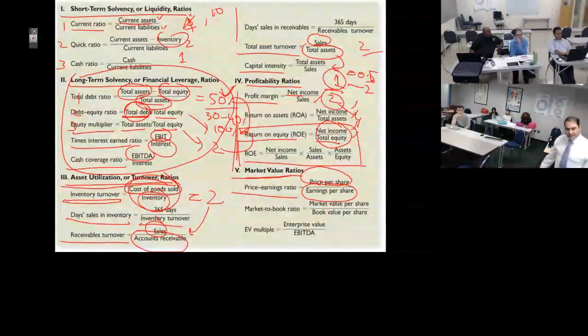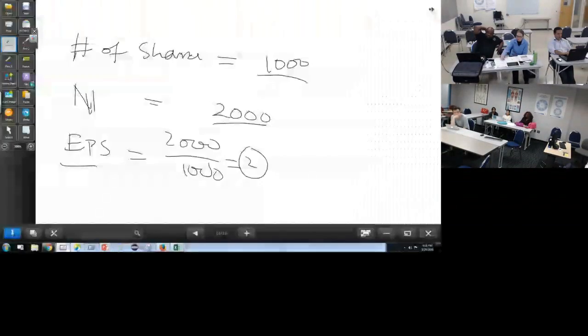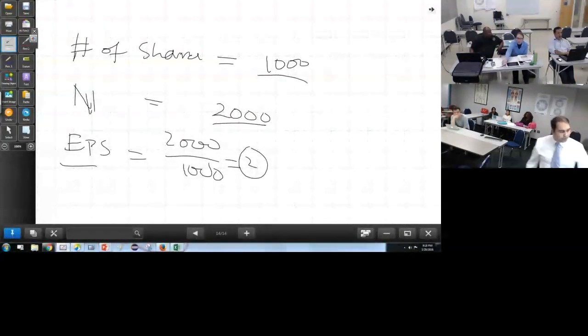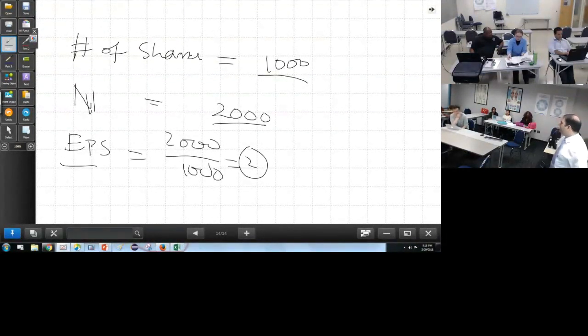And the next one is the market to book ratio. The market value per share divided by the book value. So, you know the market value per share. Or the market value per share is the market share price, isn't it? Yeah. And that can be easily found.